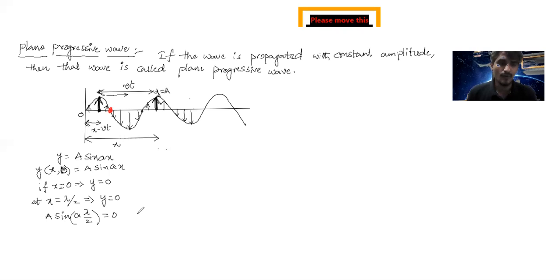Now, 0 means again, after what phase are we getting 0 here? After pi radians. Am I right or not? So sine 180 is nothing but 0, right? Therefore, we can write a lambda by 2 is equal to pi. After pi radians, we are getting 0. That's why we are writing it as a lambda by 2 is equal to pi, right?